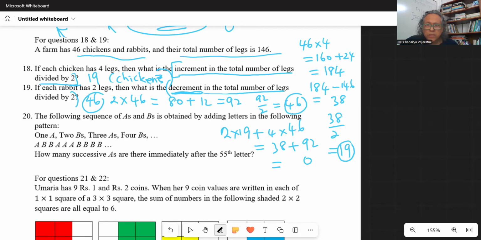It is 130. I think there's a mistake somewhere. Let's see. This is correct, right? So where is the mistake?